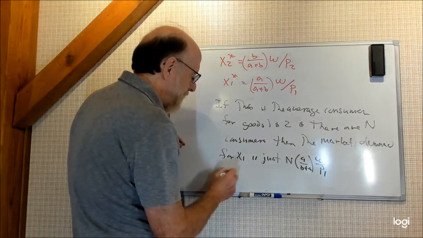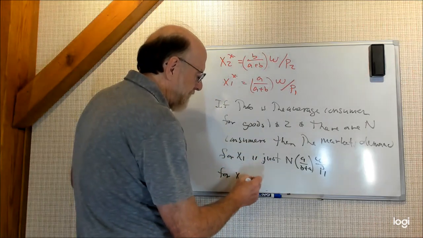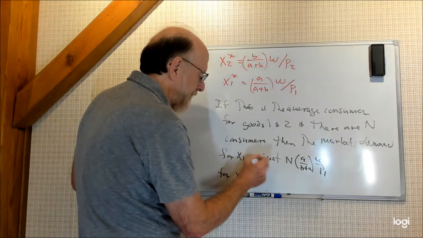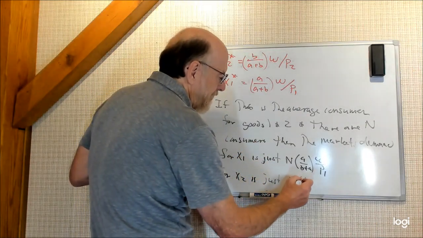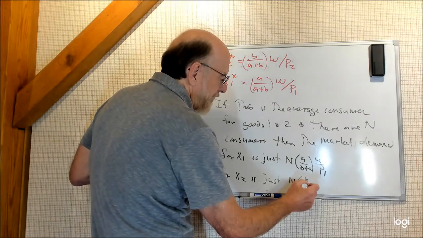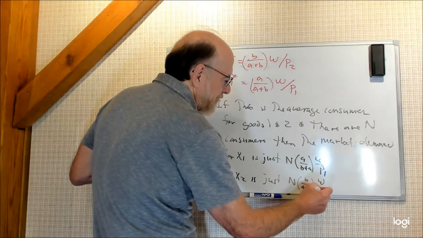And for x2, it is just N times B over A plus B times W over P2.